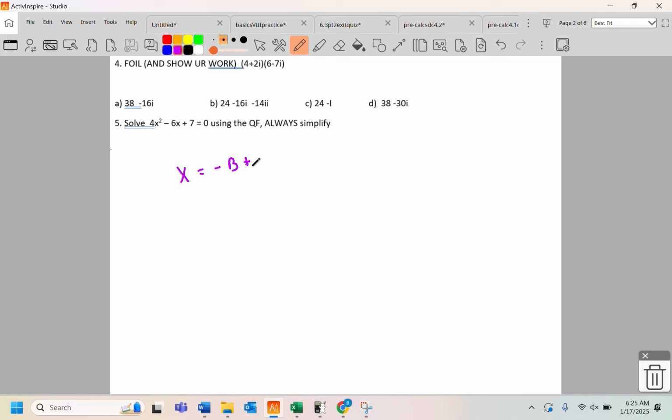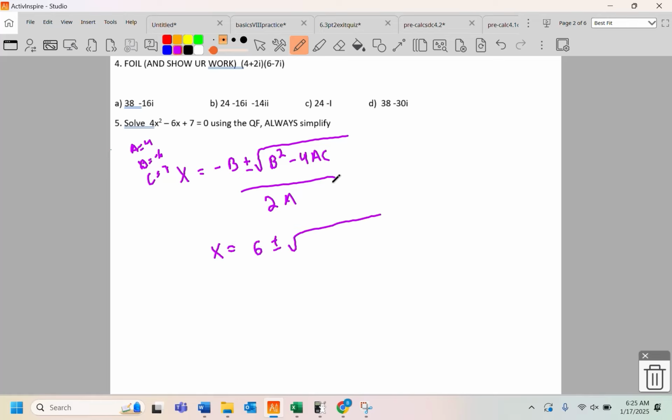X equals negative b plus or minus square root b squared minus 4ac all over 2a. A is 4, b is negative 6, and c is 7. So opposite of a negative 6 is a positive 6. And when you go here, you guys are forgetting the parentheses.